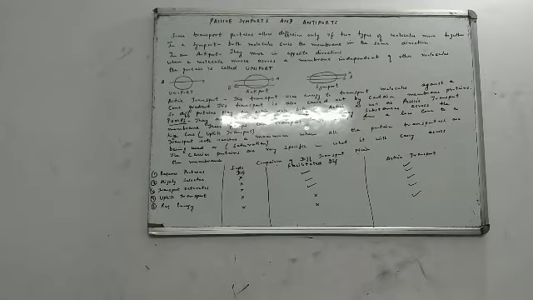Now let's move on to active transport. In active transport, energy is used to transport molecules, and remember, here the molecules are transported against the concentration gradient. Along the concentration gradient means something is moving from high concentration to low concentration. But against the concentration gradient means something is moving from low concentration to high concentration.